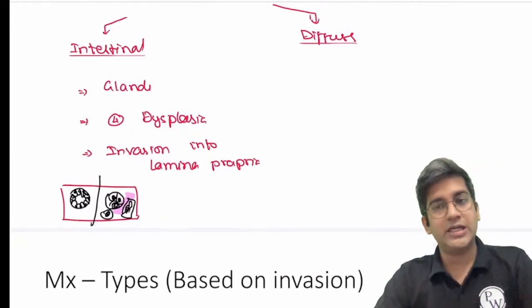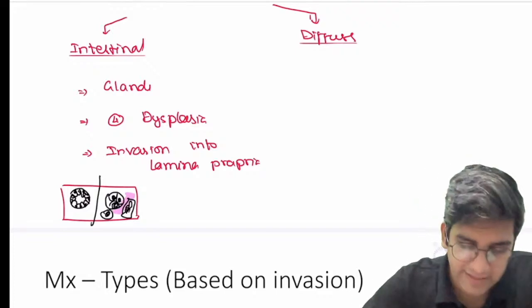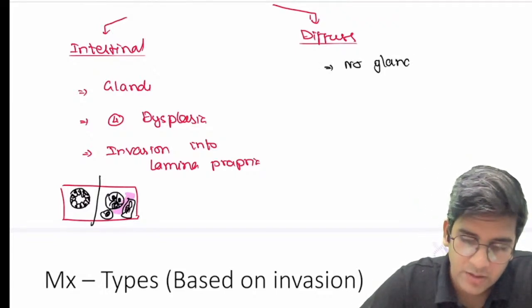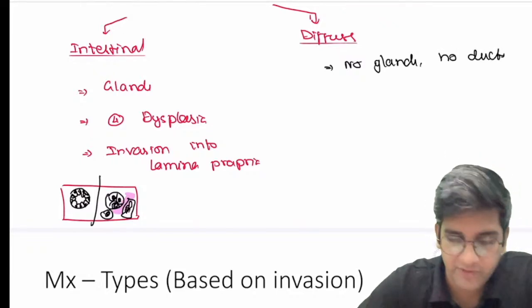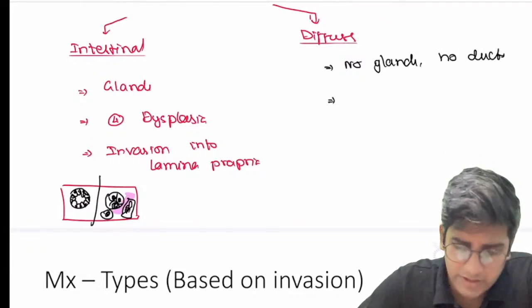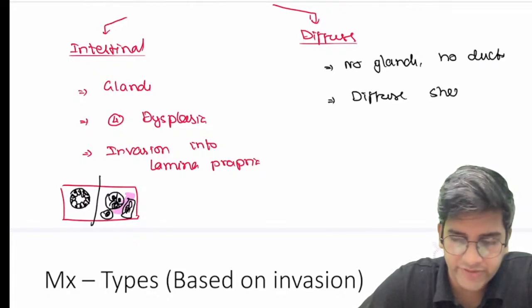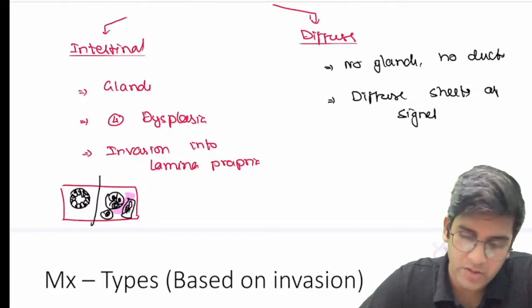If you want, write how signet ring looks like, or if you want to give a build-up, indirectly say there'll be no gland formation, there'll be no duct formation in case of a diffuse type of adenocarcinoma. Microscopically, you'll have a diffuse infiltration or sheets of signet ring cells.